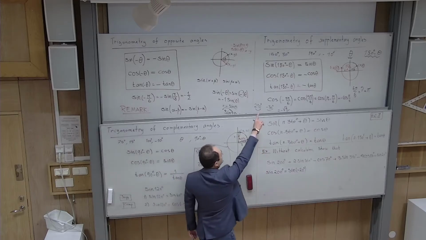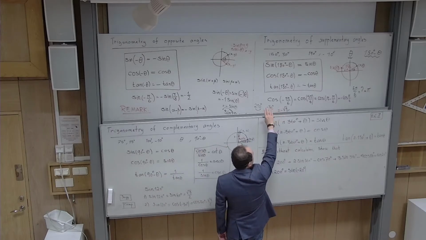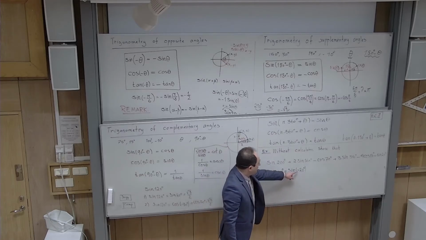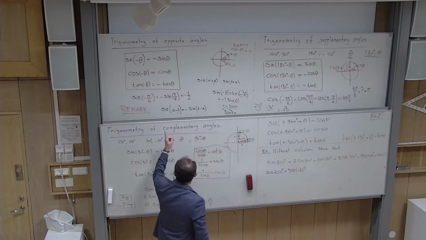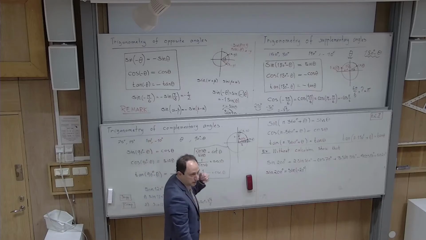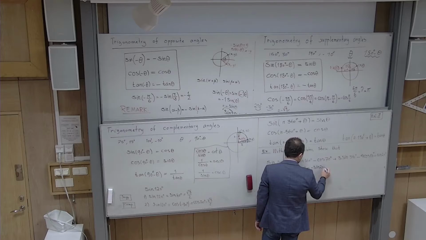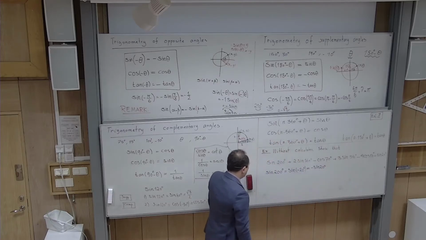We discovered it once, so the sines of supplementary angles are exactly equal. But because of this minus sign, I need another rule that is still on the board, so I pull this minus sign out. So this becomes minus sine of 20. Okay, so far so good.